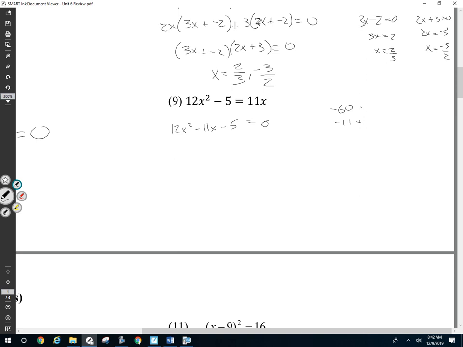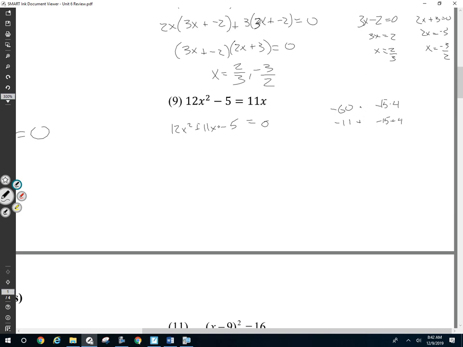Four, 15 and 4. It's tricky. So negative 15 times 4 gives us negative 60. Negative 15 plus 4 gives us negative 11. I just started dividing 60 by a bunch of numbers until I found which one works out well.